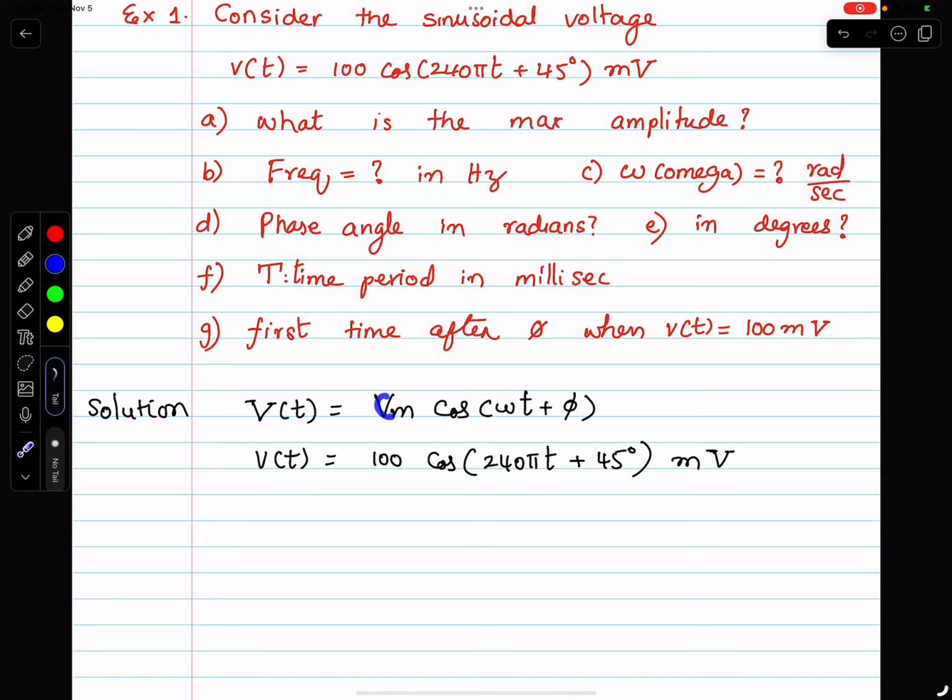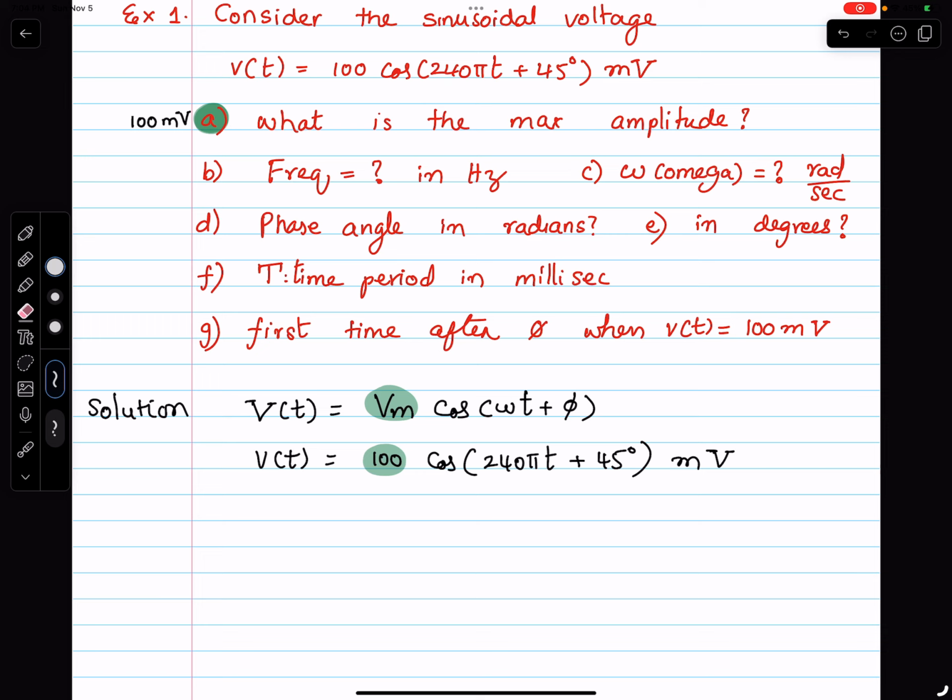Vm is the voltage. The amplitude of the voltage is question A. So the maximum amplitude is really 100 millivolts.